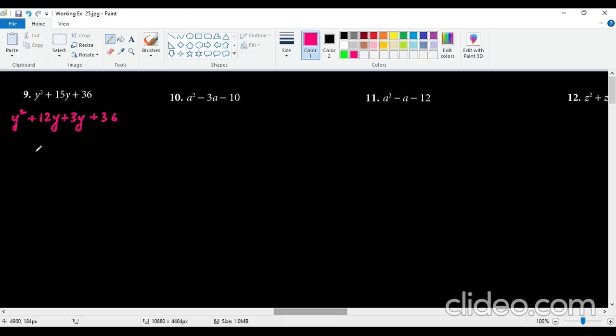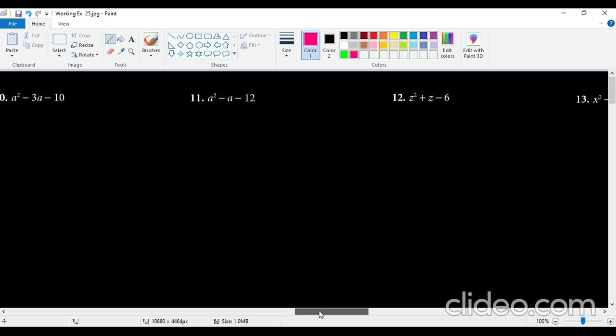So in the first two brackets, I can see y is common, and y plus 12 and y plus 12 will be written in the brackets. Look at the third term, y we already have, and plus 3y is going to be added. So y plus 3 and y plus 12 is going to be the answer. Means these two when multiplied together is going to give us y square plus 15y plus 36.